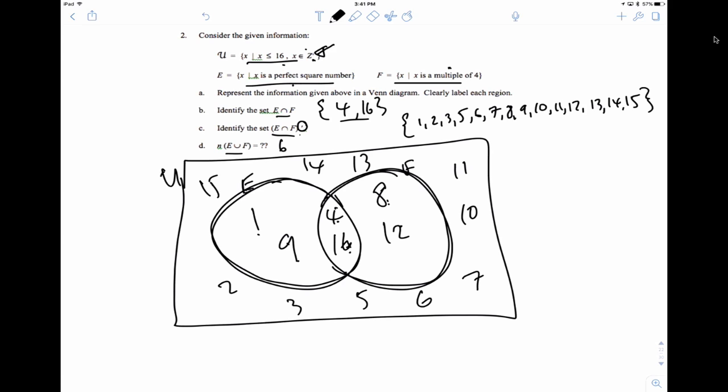And the other way that I'd kind of like to do this right now is just shading in. E intersection F is going to be here. The complement of that, so let me do it this way. Yeah, that will work.